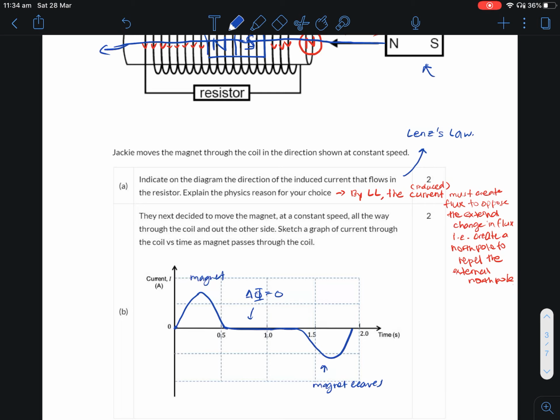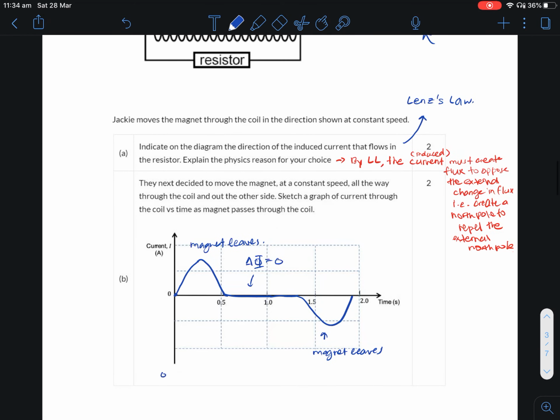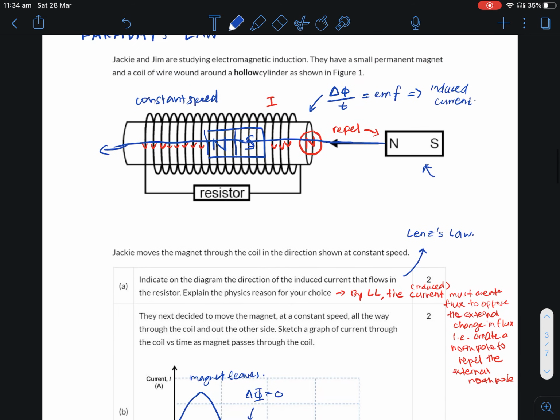And remember, the currents are in opposite directions because the change in flux is opposite.